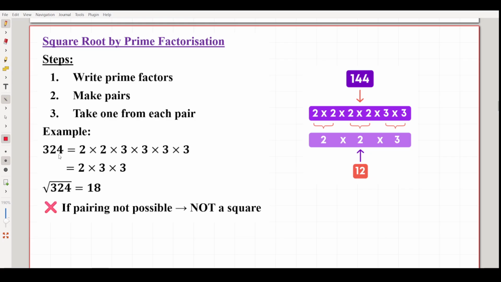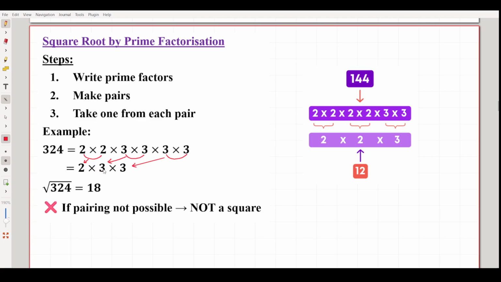For example, 324. For 324 you find the prime factorization by using the L method. We get 2 into 2, 3 into 3, 3 into 3. All have a pair. From each pair we take one number: from this pair one number, from this pair another, and from this pair one.